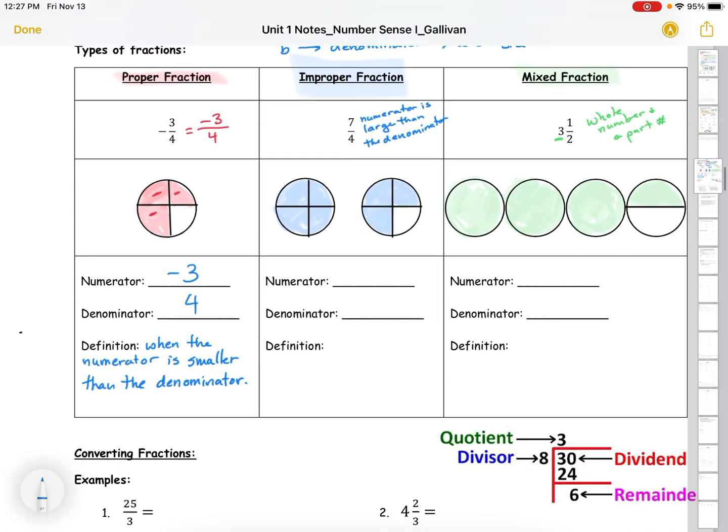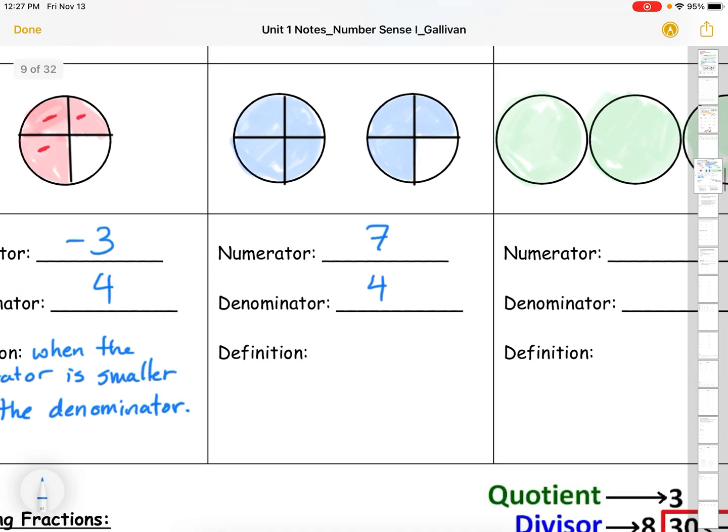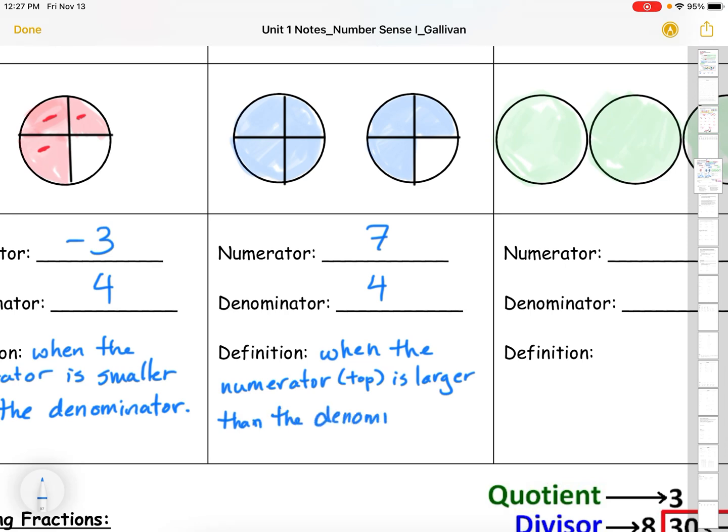Now if I look at my improper fraction, my numerator here is 7, my denominator is 4, and my definition here is when the numerator, that's the top, is larger than the denominator, which is the bottom.